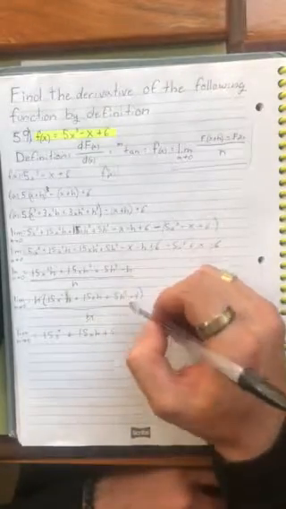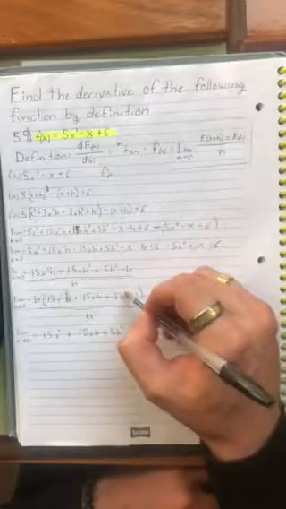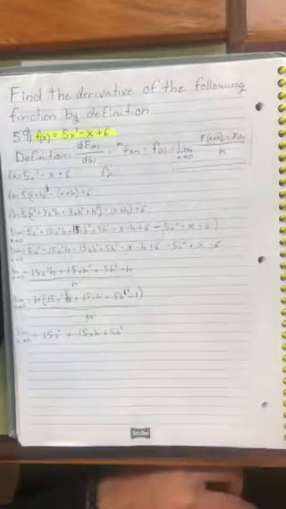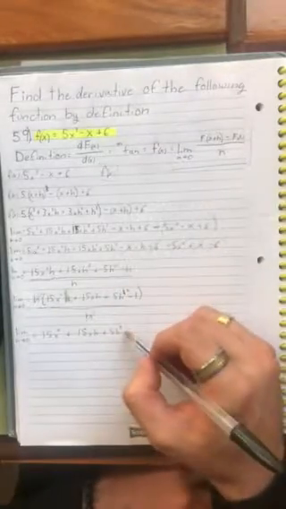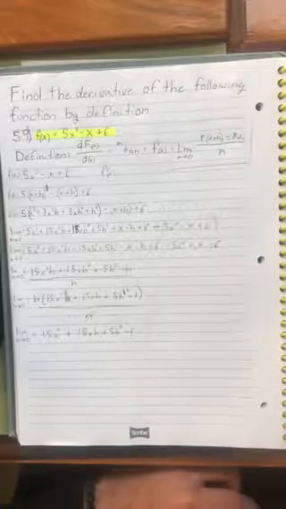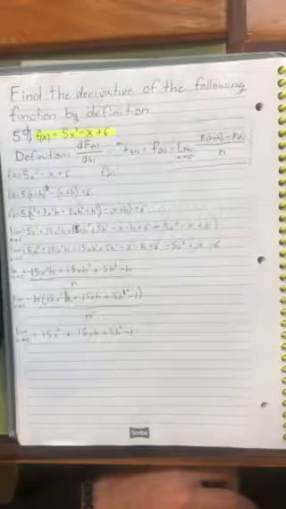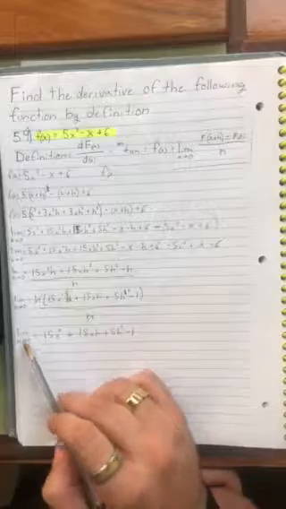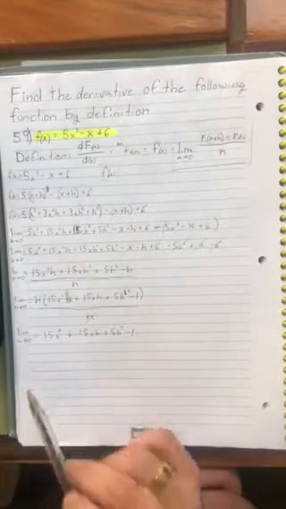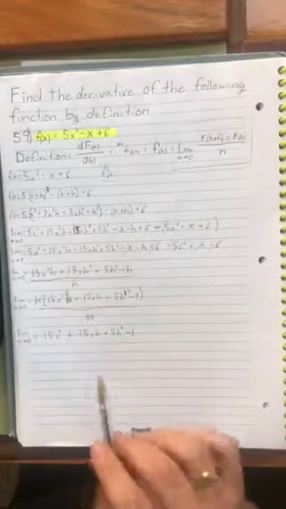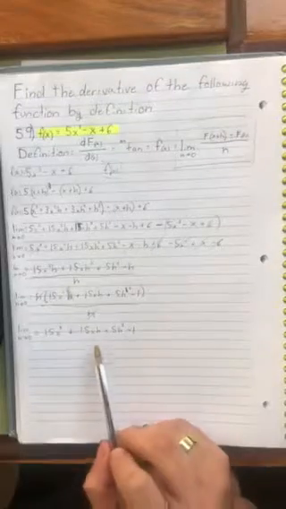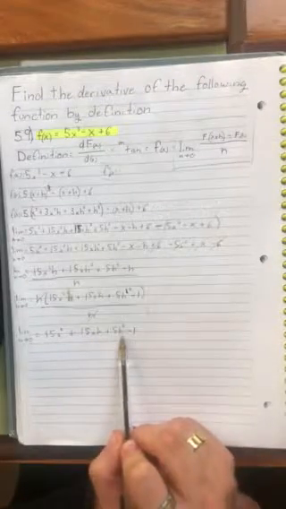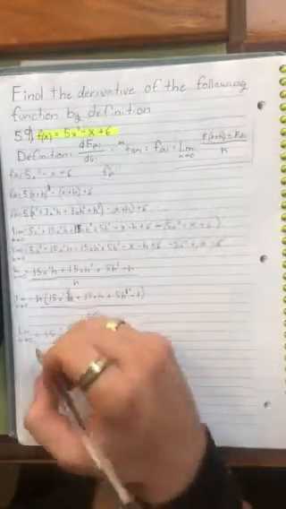Sorry, this one converts to a squared, not a cubed. And now we're going to apply the limit h equals 0.